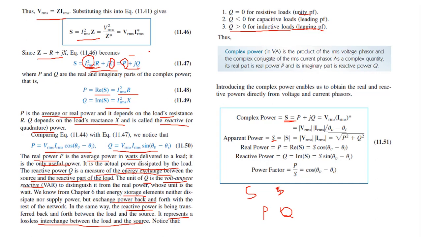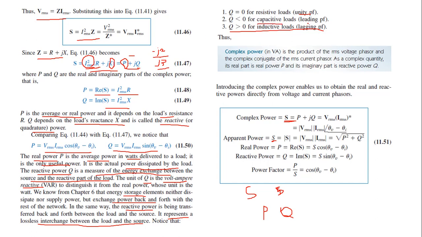You would have noticed that in the phasor form, capacitances are denoted as minus j2 ohms, and inductances are represented as simply positive j, some value of inductance, let us assume 3 henry, j3. So capacitance has a term minus, and inductance has a term plus. So when Q is negative, it means the load is capacitive.